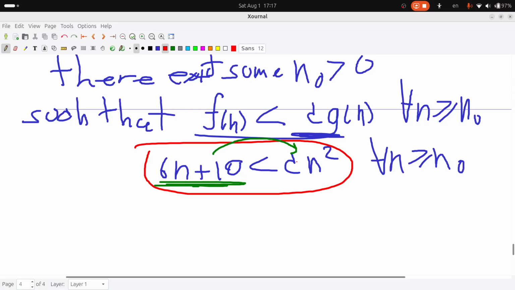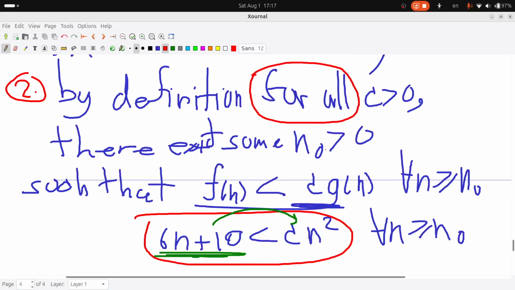But the easy way to prove this is: for all c, there must exist n0.